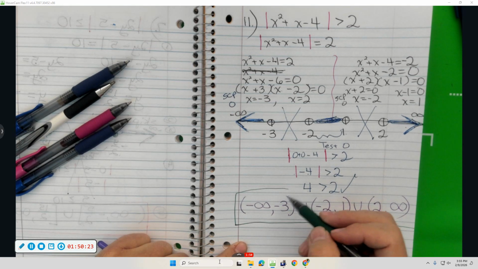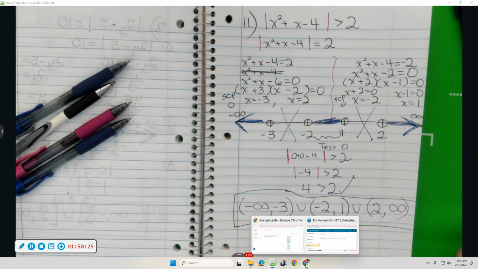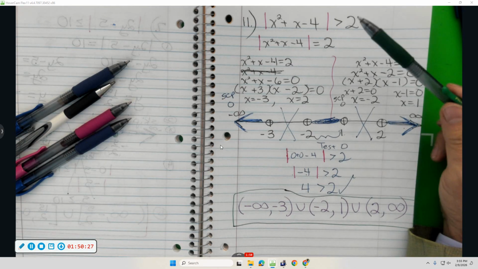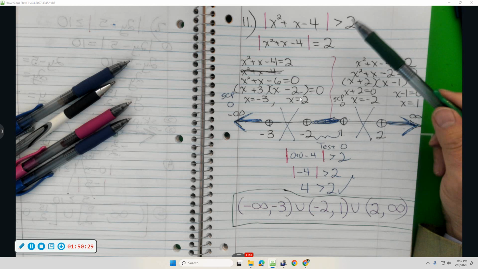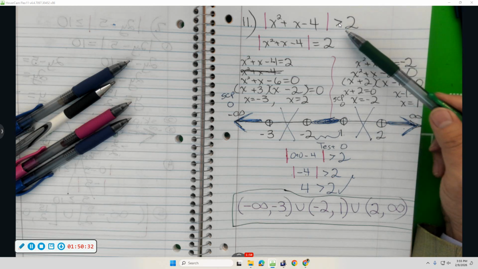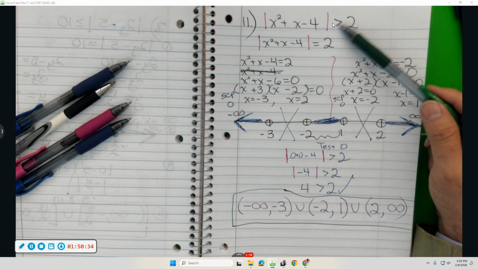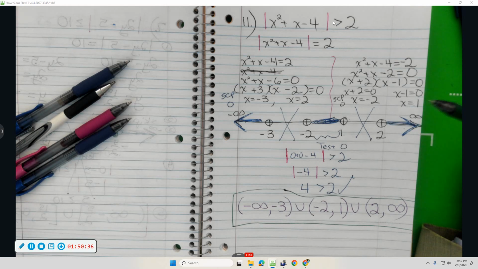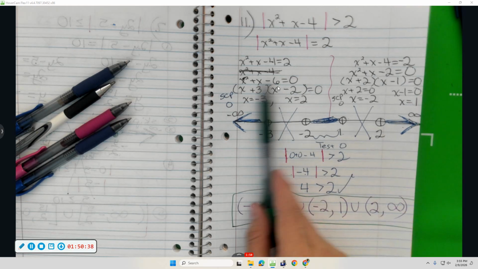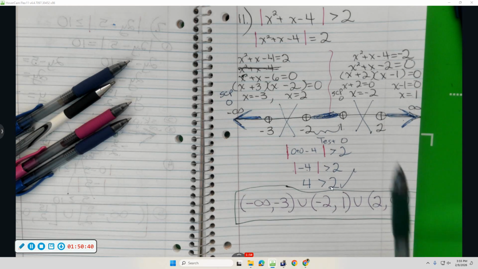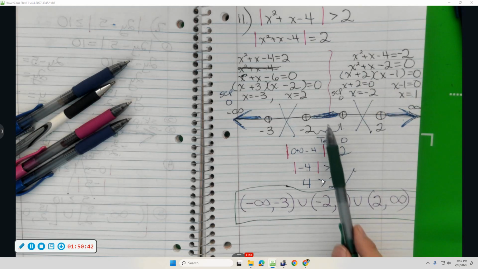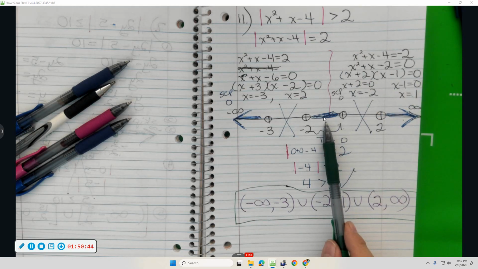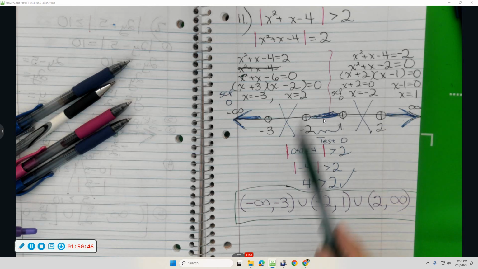Okay, before he types in the answer, I want to ask you something. Would we have done anything different if instead of a greater than, it said a less than? Would anything be different? You still have to go through all this, right? But if it had said less than, when we tested 0, instead of shading it, what would we have done? Crossed it out.